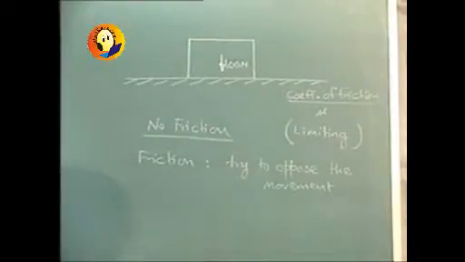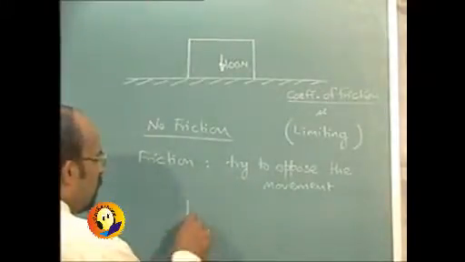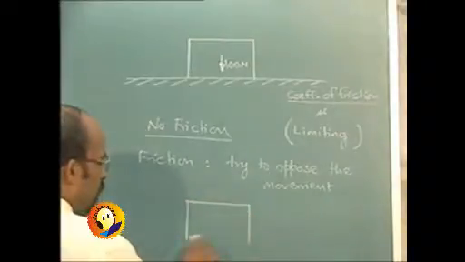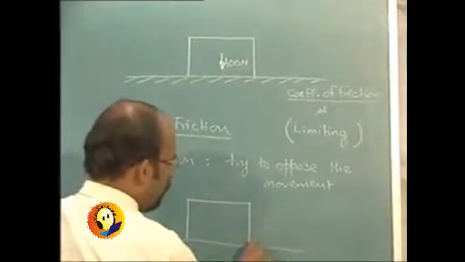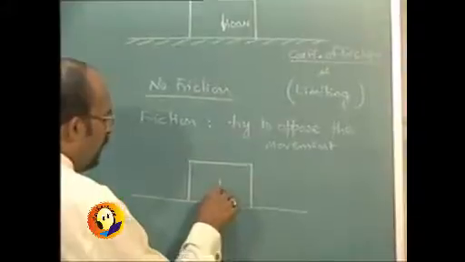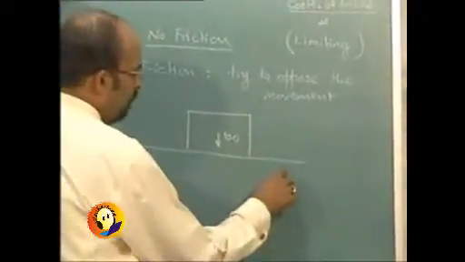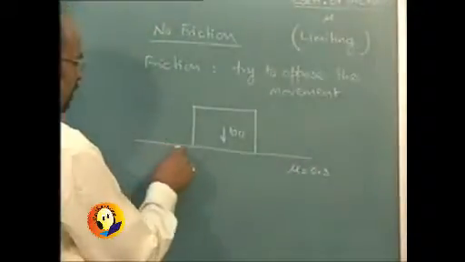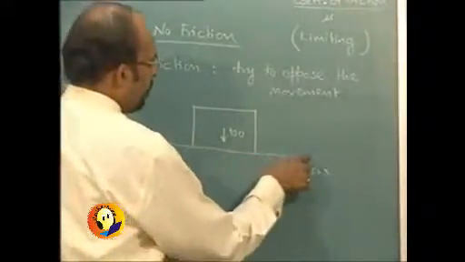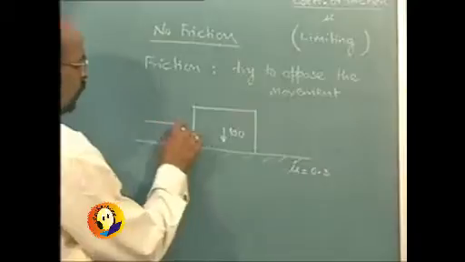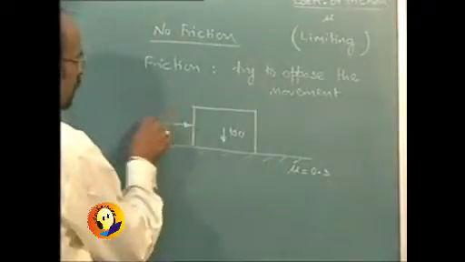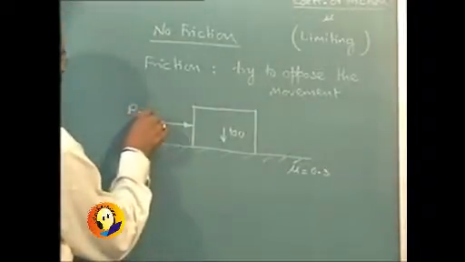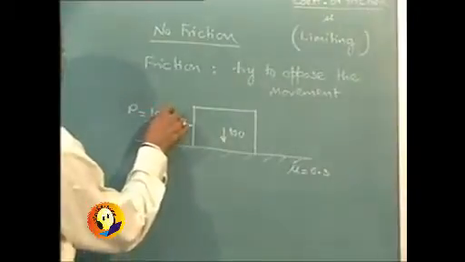Now consider the same situation once again, when we have this block of 100 newtons and we are given that mu is equal to 0.3. And suppose some force P is applied whose magnitude is 10 newtons.